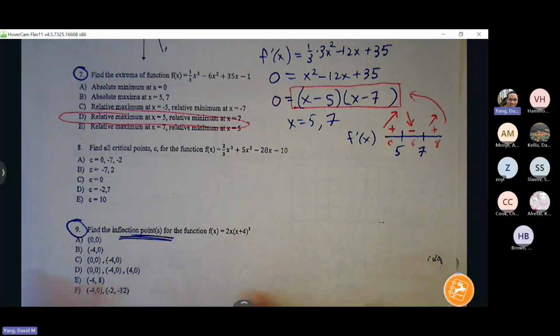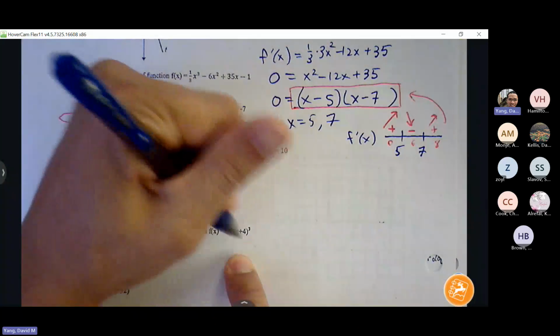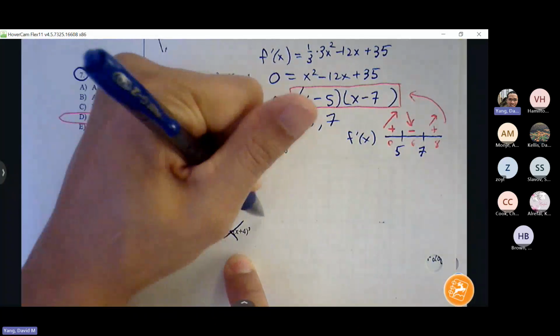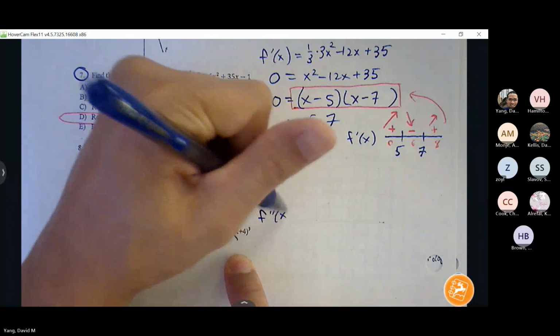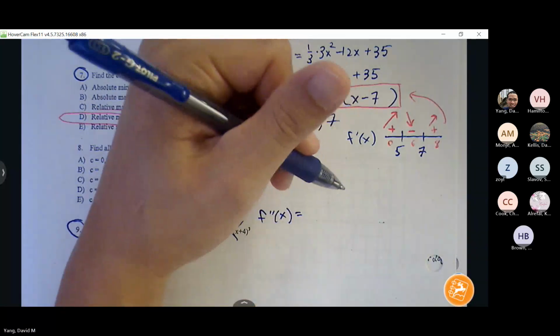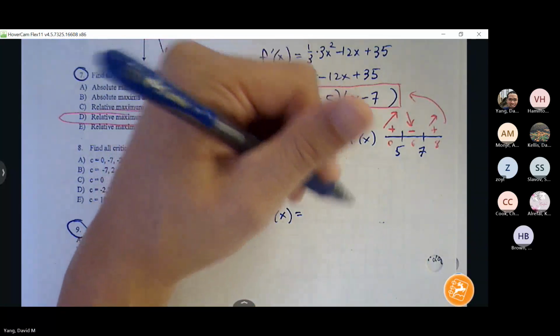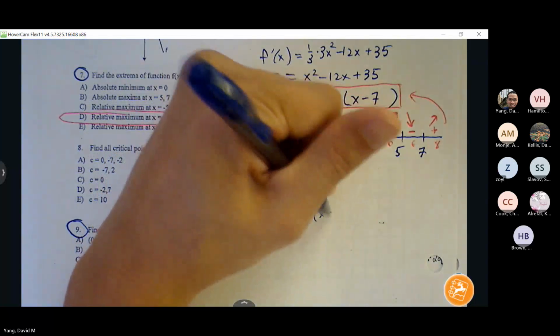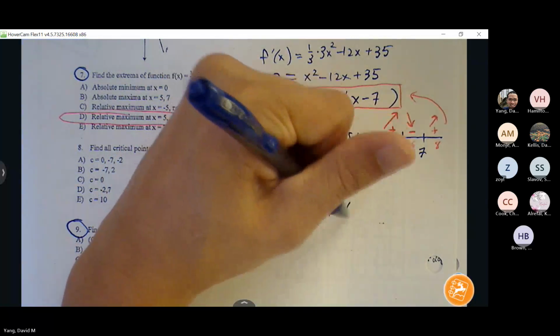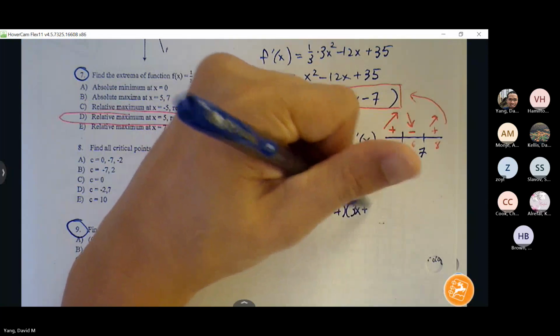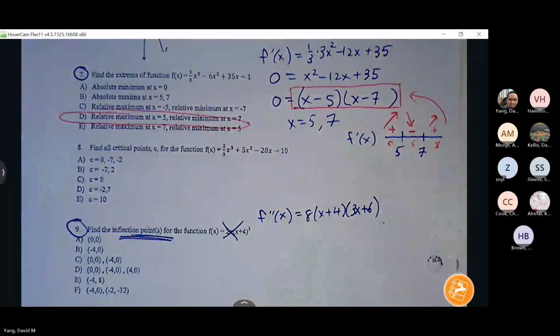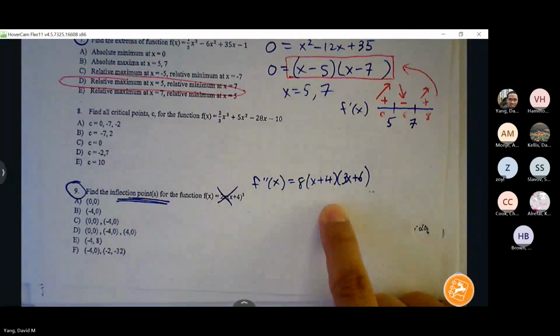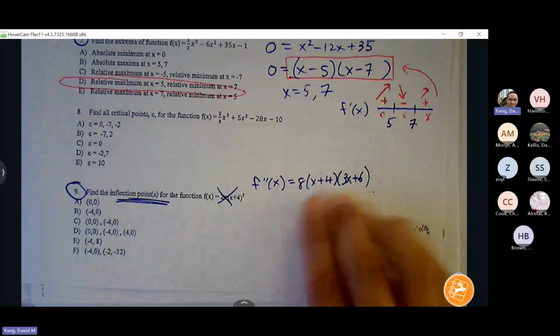Double prime. Now, let's say that this is a little messy with the derivative. Let me just give you the f double prime and see if you can go from there. So let's say I already gave you f double prime.